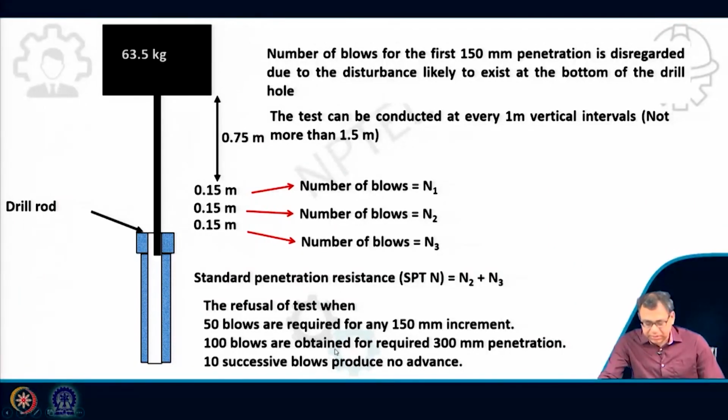Or if 100 blows are required for 300 millimeter penetration, or 10 successive blows produce no advance. If any of these three occurs in the field, then that will be the refusal of the test. Then we have to stop the test, or go up to the required depth.